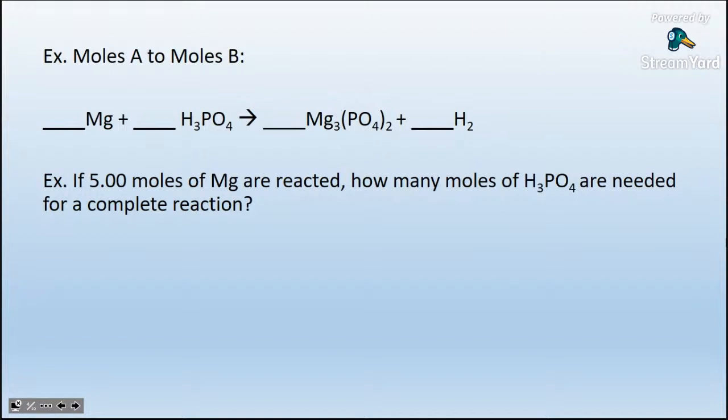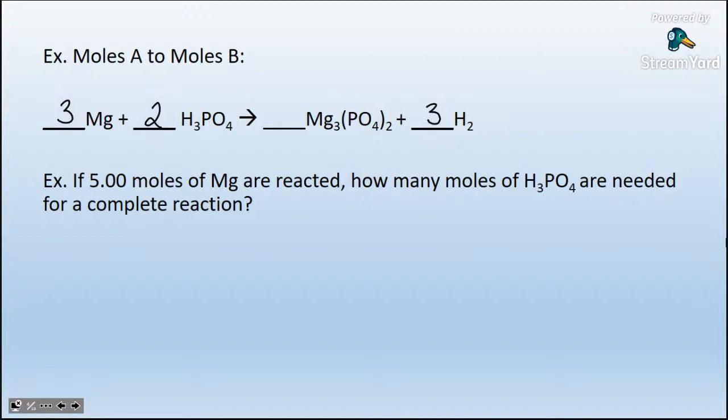So the first thing I'm going to do is balance out my magnesiums. So I need a 3 on the reactant side. So I've got 3 magnesiums equaling the 3 magnesiums on the product side. My hydrogens, I want a 2 in front of the phosphoric acid to give me 6 hydrogens. And on the product side, I would add a 3 in front of the hydrogen gas to give me 6 hydrogens.